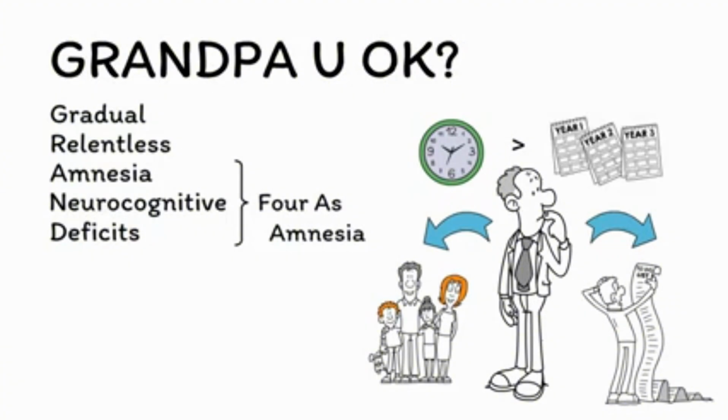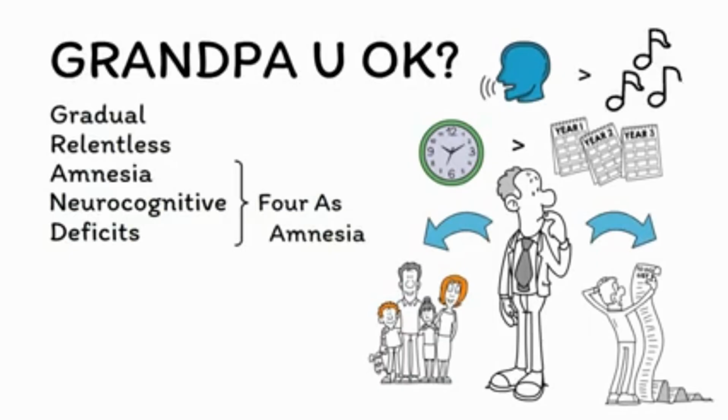Finally, explicit or declarative memory, which involves consciously recalling specific facts or events, like which friend you ran into at the store yesterday, is affected more often than implicit or non-declarative memory, which instead involves things outside your conscious awareness, like being able to sing the melody of the happy birthday song. However, these distinctions tend to break down as the disease progresses, with all forms of memory generally being impacted in later stages.